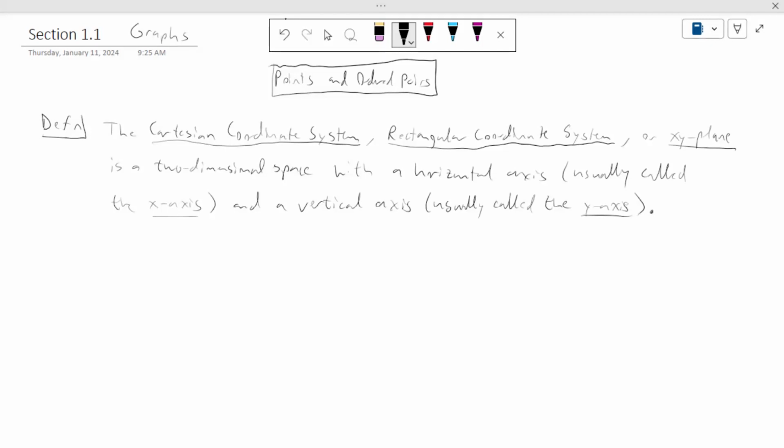Okay. So the place where the two axes, the horizontal axis and your vertical axis, cross each other or intersect, the place where the two axes intersect is called the origin.